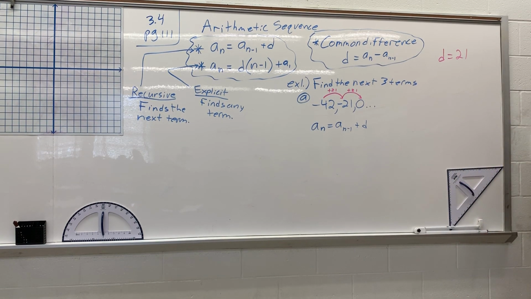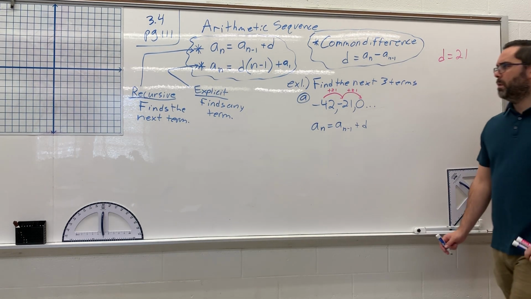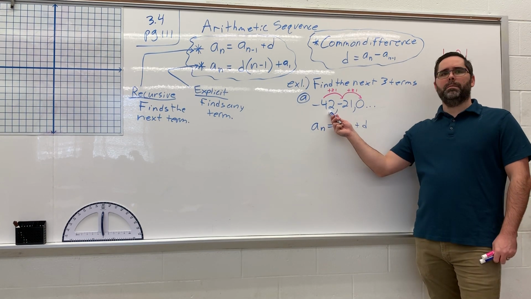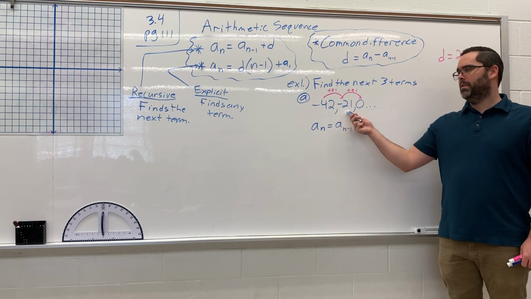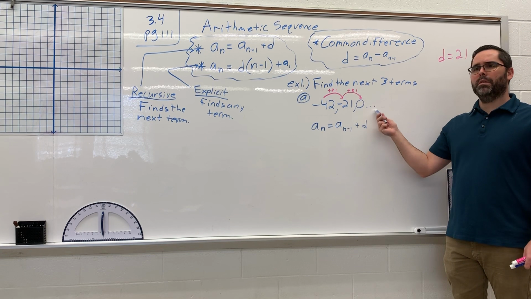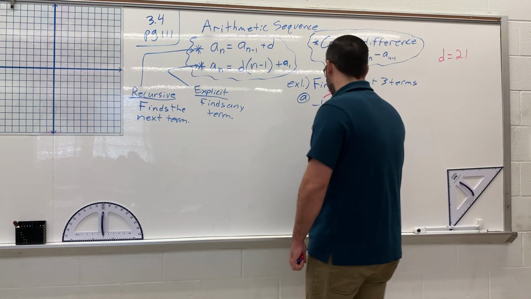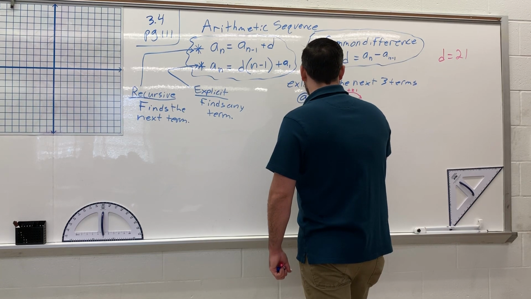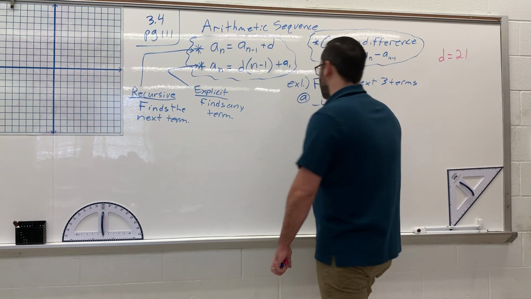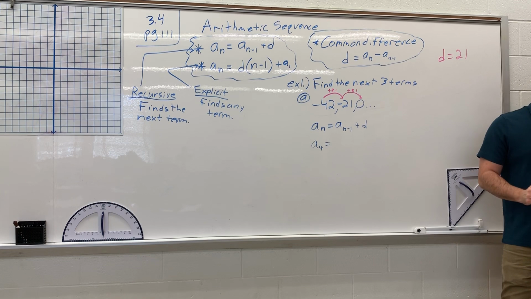What would be the next term? What position in the sequence is it? So what is this term? This is the first term. What is this one? So what am I looking for? Okay, so this is how you do this. You substitute 4 in for n. We're saying a sub 4, which means we're looking for the fourth term.